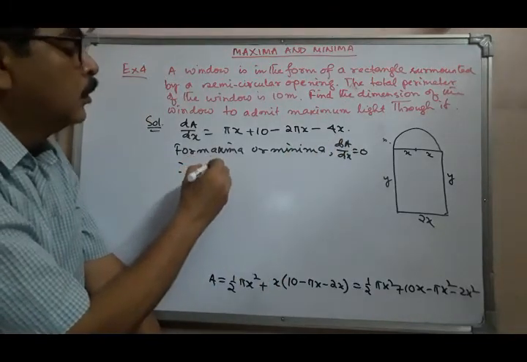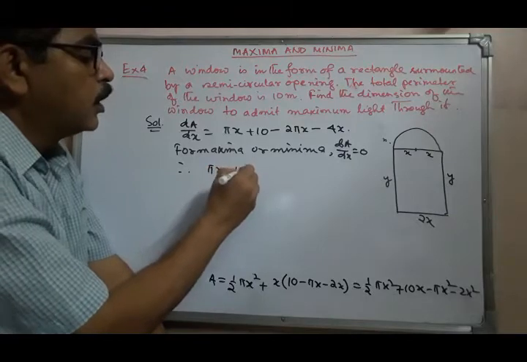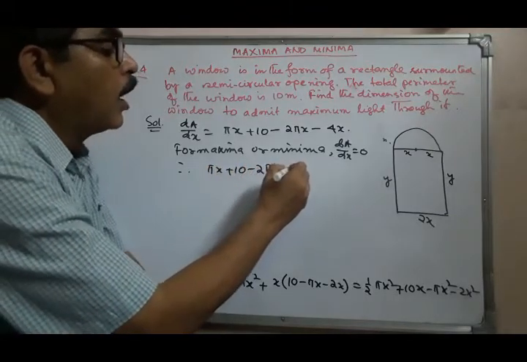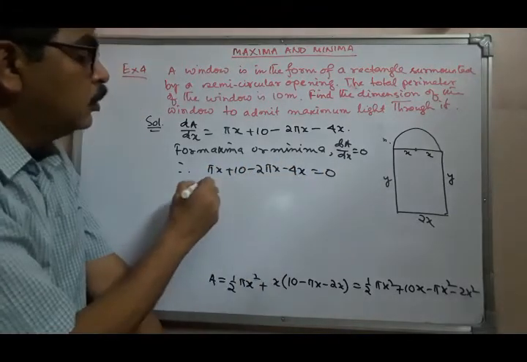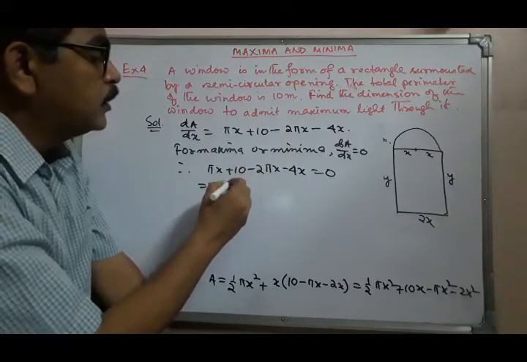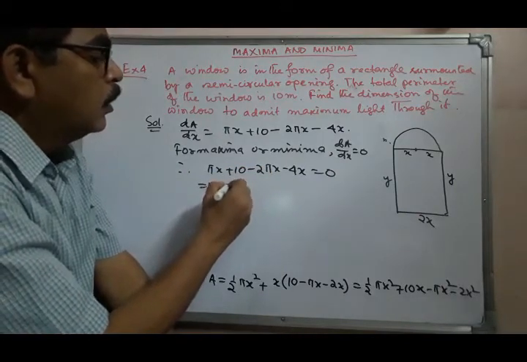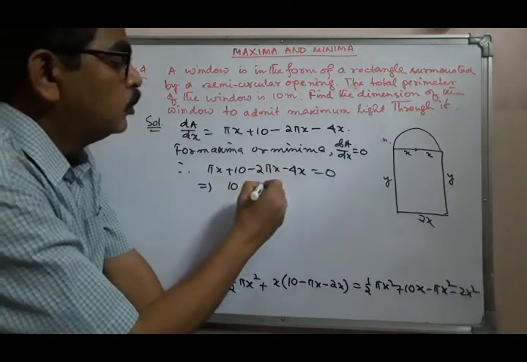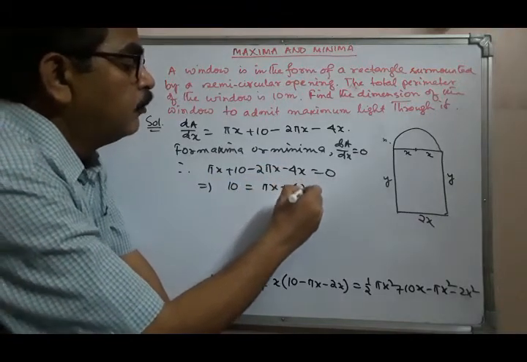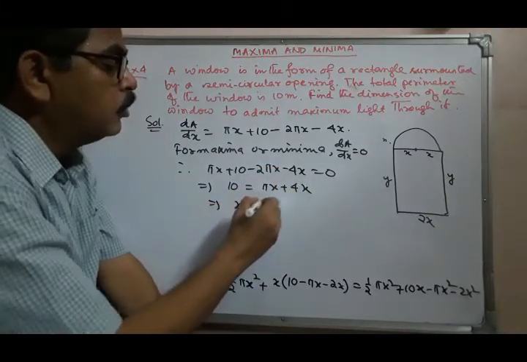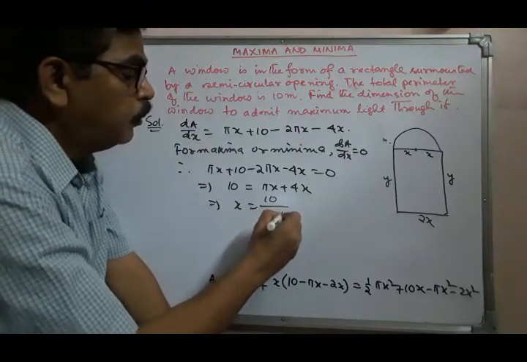Therefore pi x plus 10 minus 2 pi x minus 4x equals 0. So as a result 10 equals pi x plus 4x. Therefore x equals 10 by (4 plus pi).